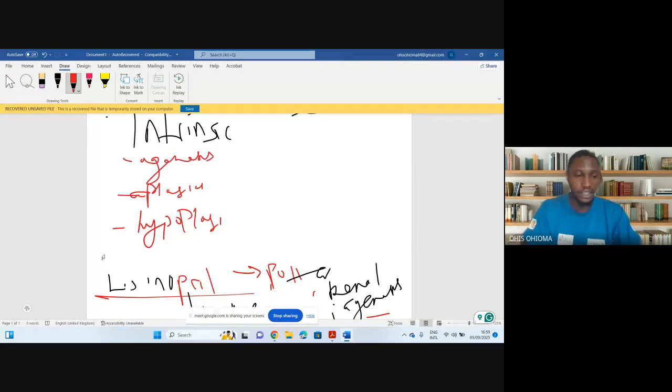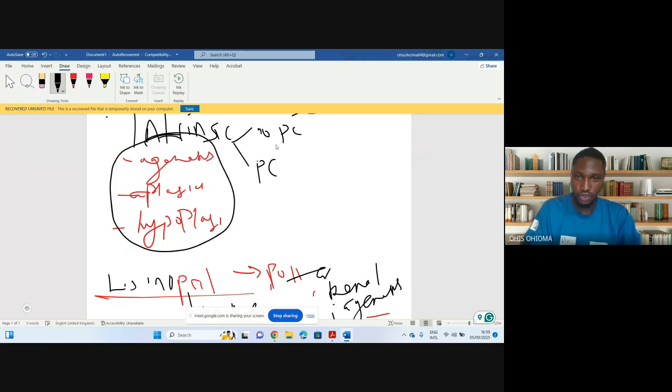And then under this intrinsic, you can further classify it. You can classify it as no primordial cells, and as having primordial cells. Basically, agenesis falls into the no primordial cells.